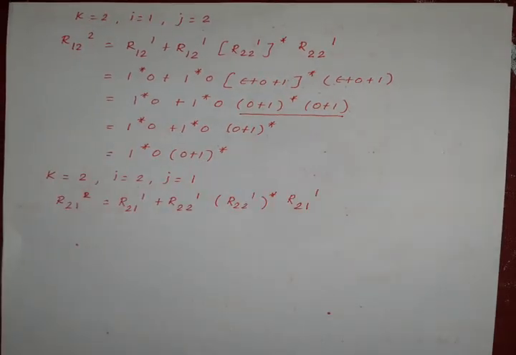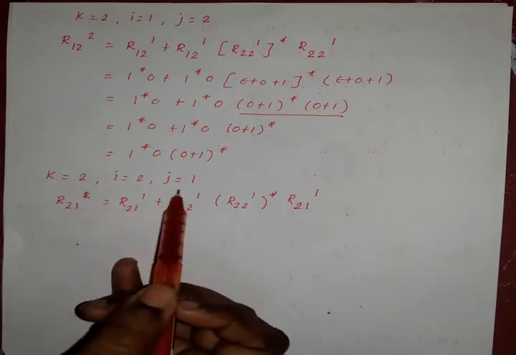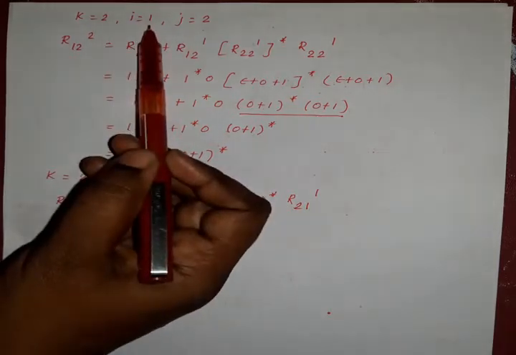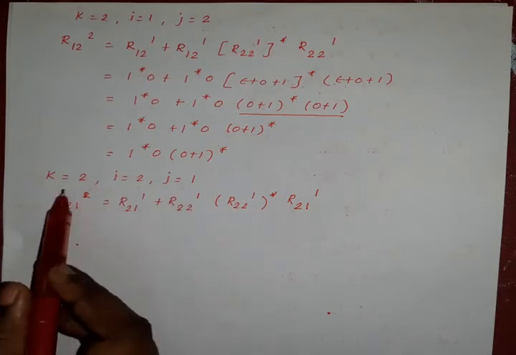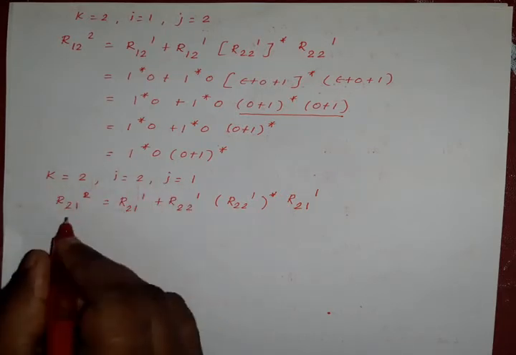Next, for the value k is equal to 2 and i is equal to 2, j is equal to 1. Change the combination. Here 1 2 and here 2 1. We substitute these values in the R_ij^k formula. We are getting this expression.